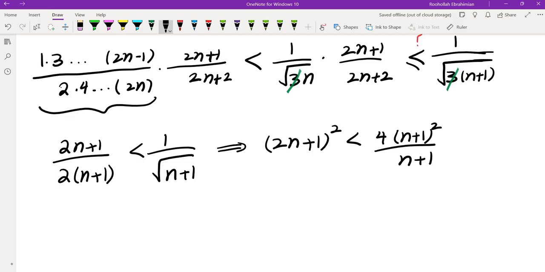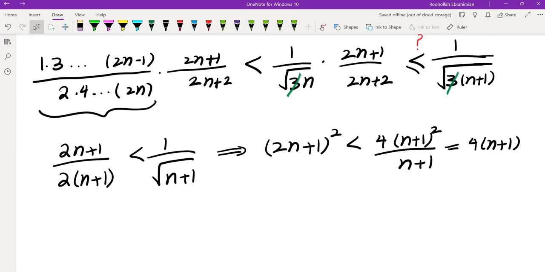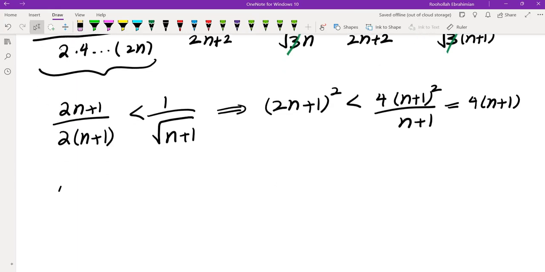So I multiplied both sides by the denominator of the left, and I squared both sides. So this is going to be 4 times (n plus 1). And if we expand this side, we are going to get 4n squared plus 4n plus 1 is less than 4n plus 4.